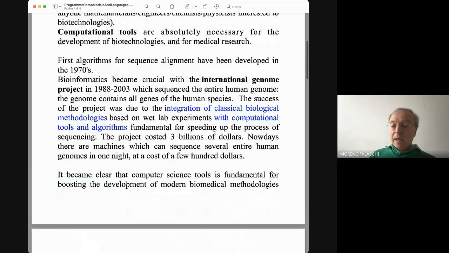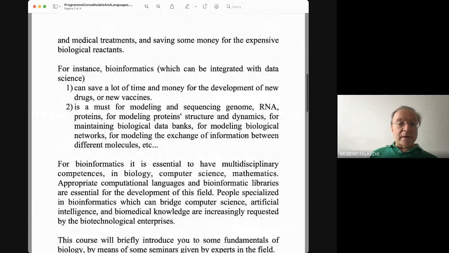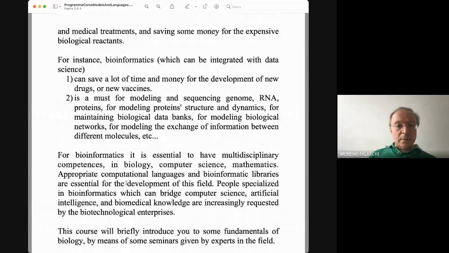So it became clear with this experiment that computer science tools are fundamental for boosting the development of modern biological and biomedical methodologies, and also for medical treatments, for developing treatments which are personalized to each individual, so for personalized modern medicine, and also for saving money for the expensive biological reactants by doing in silico experiments combined with wet lab experiments, but only for a reduced part of the experiments.